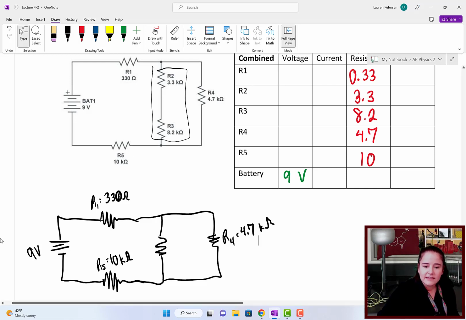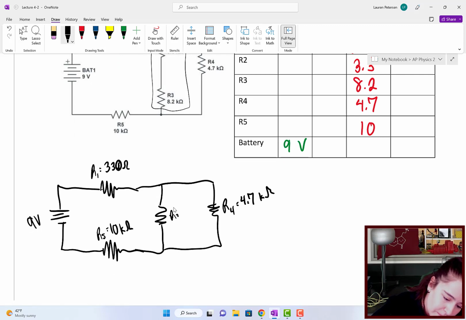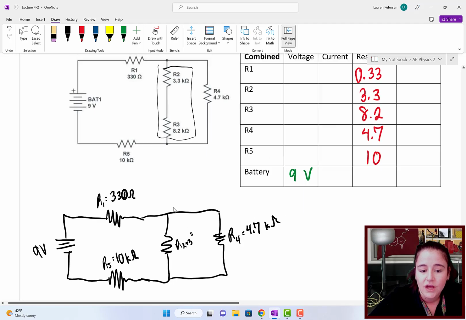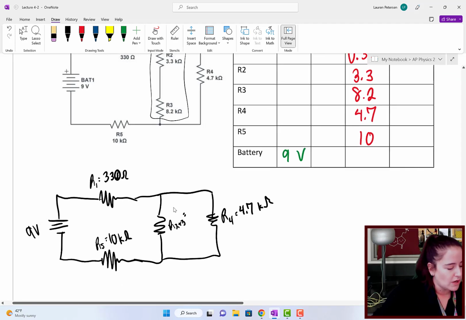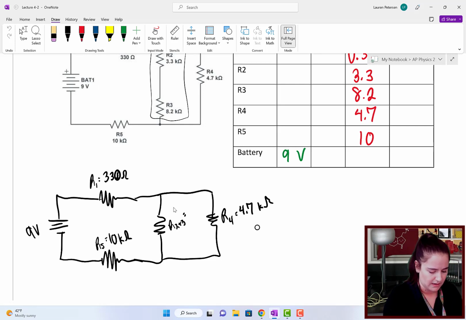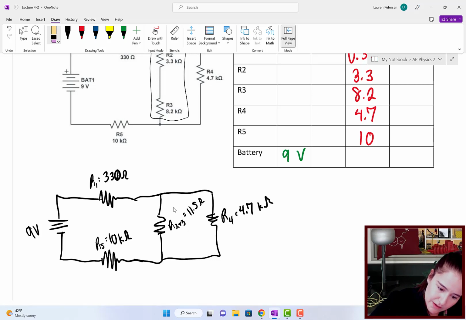But these two, R2 and R3, I'm going to combine and treat as one resistor with a resistance of 8.2 plus 3.3. So 8.2 plus 3.3, I should be able to do that in my head, but I'm tired and it's Friday. 11.5 kilo ohms, don't want to mess up my units.